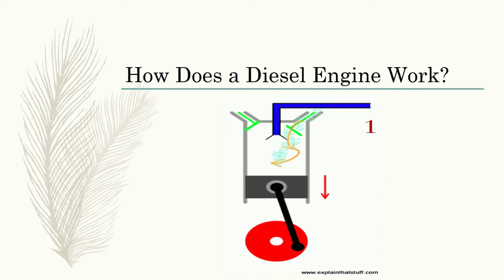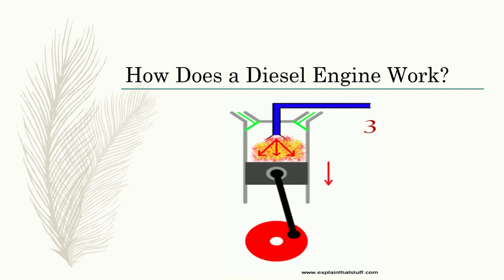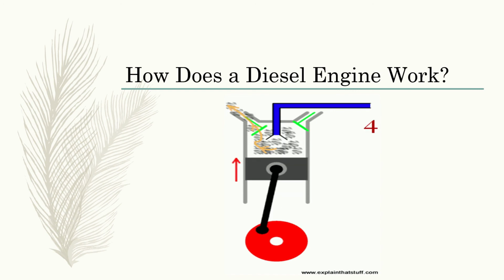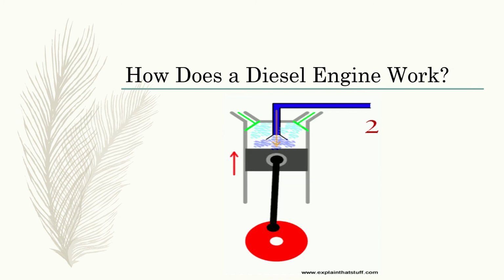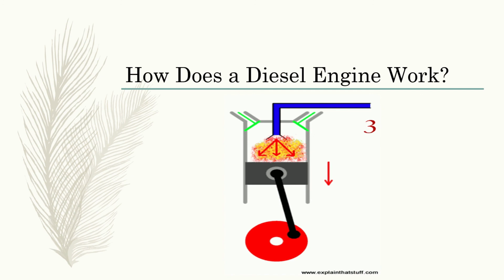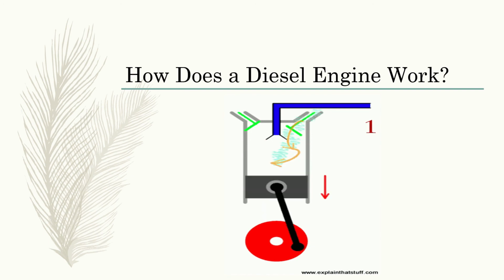During the return stroke, the inlet and exhaust valves are closed and the air inside the cylinder gets compressed. In the second stage, during the compression stroke, the piston does work on the air. That's why the temperature and pressure of the air rise to a level higher than the ignition value of the diesel.